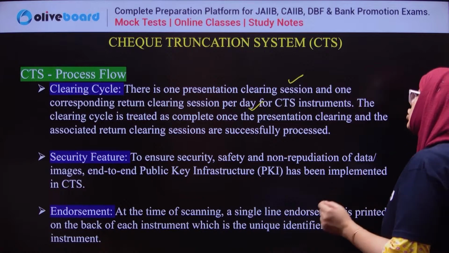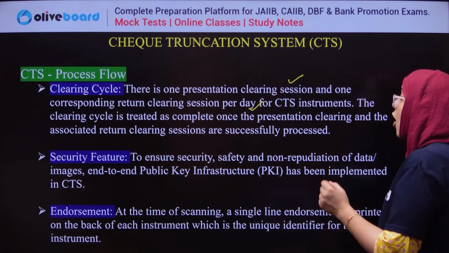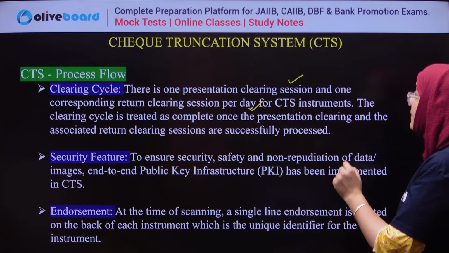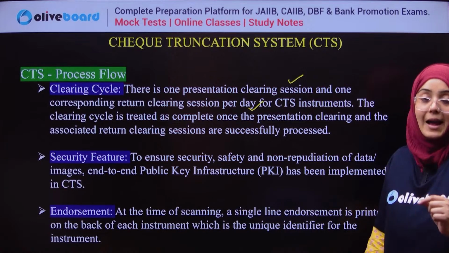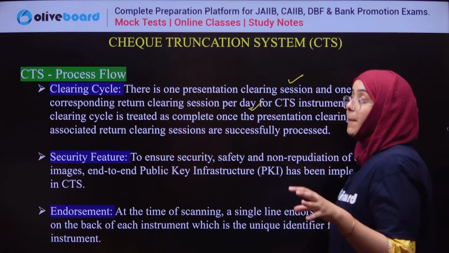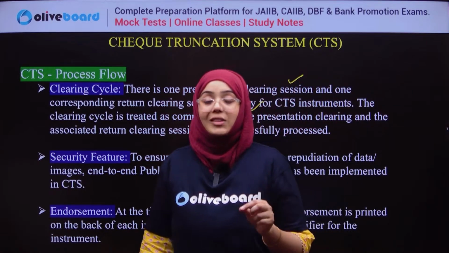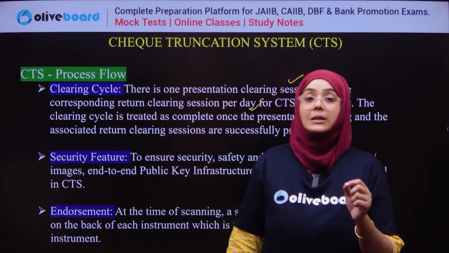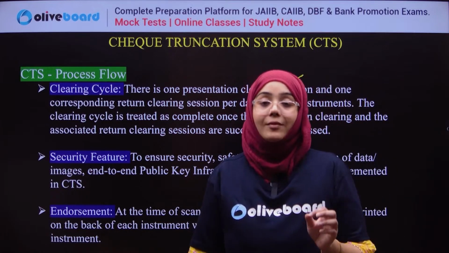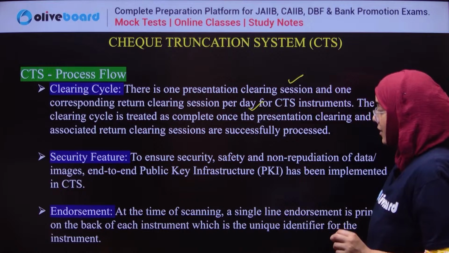Safety feature: to ensure the security and safety of the data, end-to-end public key infrastructure has been implemented. So there is a public key infrastructure responsible for maintaining the security of this check clearing system.